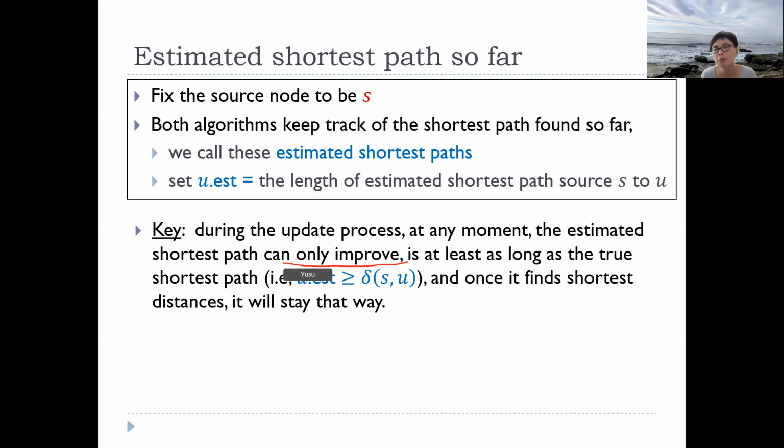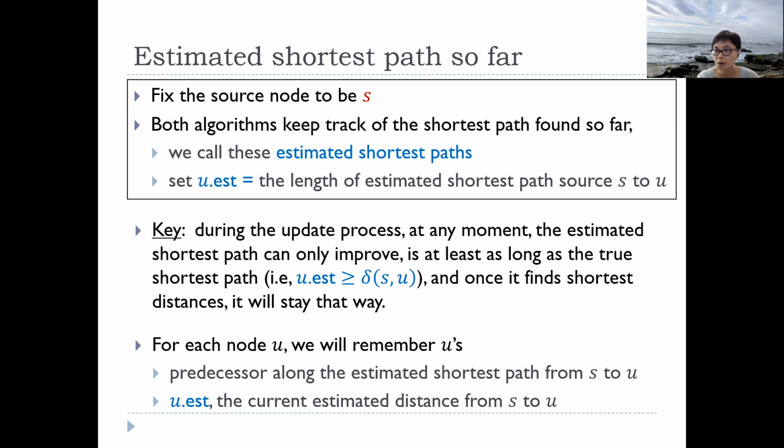It cannot get worse, because you already found the shortest path so far and only update it when you find a better one. It's always at least the true shortest path distance. Once it keeps decreasing till you find the correct distance, it will stay that way and cannot change anymore, because you cannot improve it further, and your algorithm cannot make it worse either.